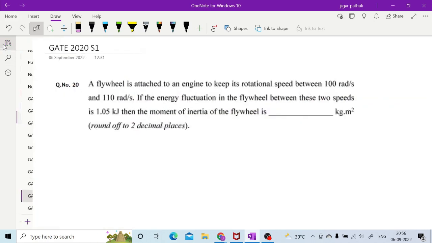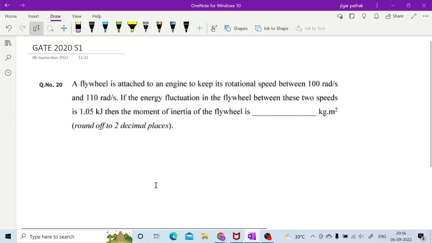Okay, 104. So the next question is from GATE 2020 session 1. A flywheel is attached to an engine to keep its rotational speed between 100 radian per second and 110 radian per second. If the energy fluctuation in the flywheel between these two speeds is 1.05 kilojoule, then the moment of inertia of the flywheel is. It is again a simple question, I guess.